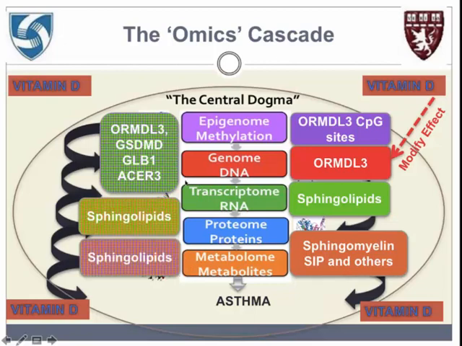And likewise, when we look at the epigenome and the metabolome, we also see the sphingolipid pathway. So in summary, on an individual omic level and on a multi-omic level using network approaches, we see variants in the sphingolipid pathway for genetics and metabolomics implicated in asthma development, and we can identify that vitamin D seems to be modifying these effects.